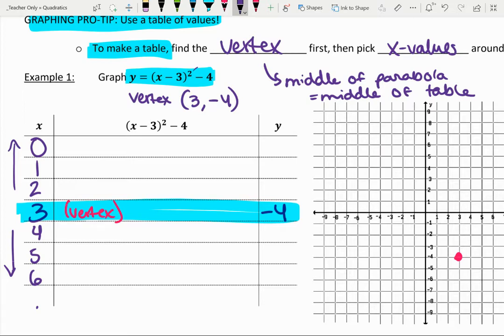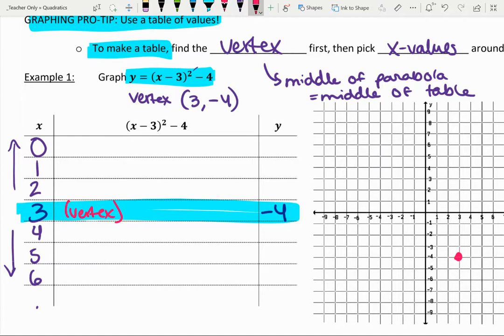Now, as I'm plugging in points, there's two things to remember. First is that the axis of symmetry says if I find one point, I get another one for free. Love it, buy one, get one free. The other thing is I need to follow the order of operations. That's why I left this space in the middle.